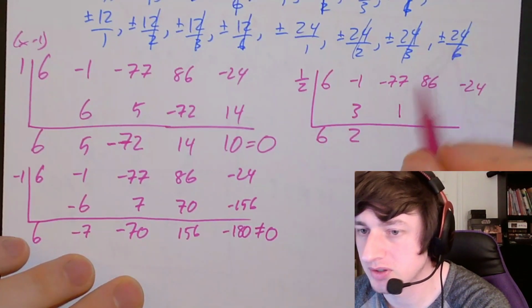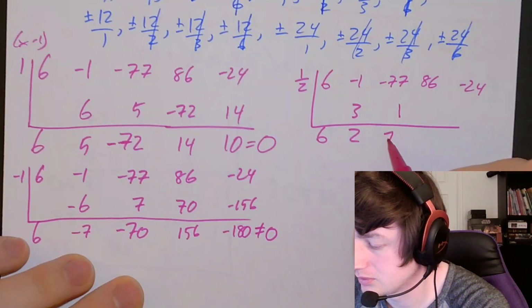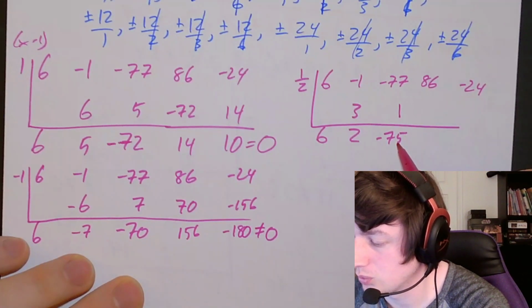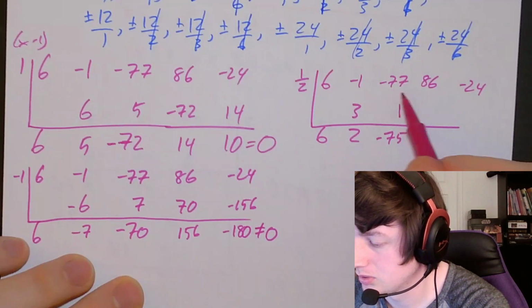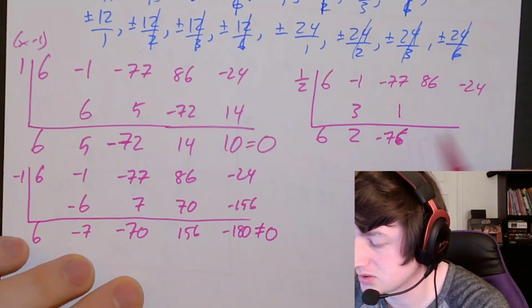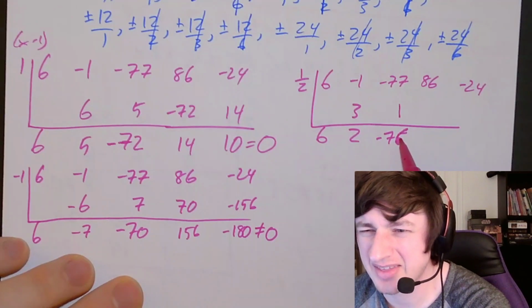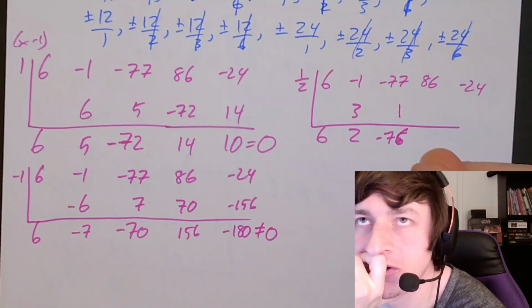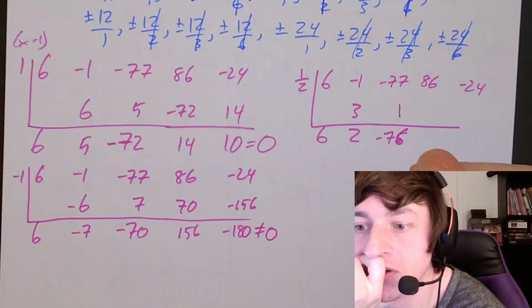We get 75. Negative 75. Nope, I'm sorry. Negative 76. Half of that is 35, 36, 38.